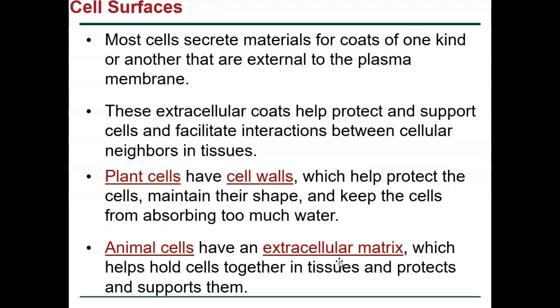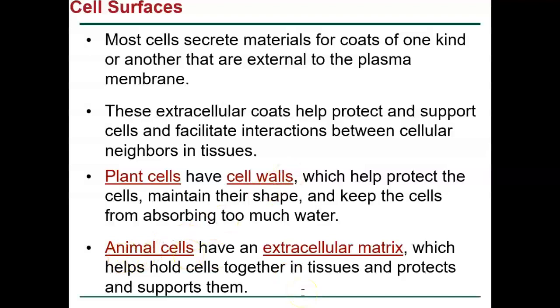All right, so just looking where we are here, make sure I'm not skipping any questions. So the first thing we're going to talk about is cell surfaces. Plant cells are going to have cell walls outside of their plasma membrane, and animal cells are going to have an extracellular matrix.